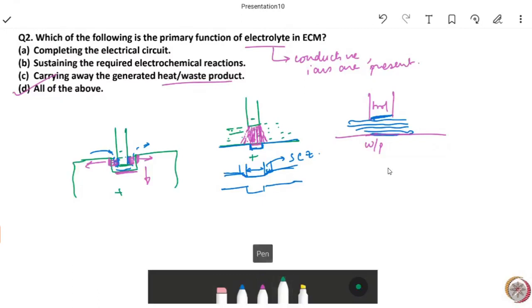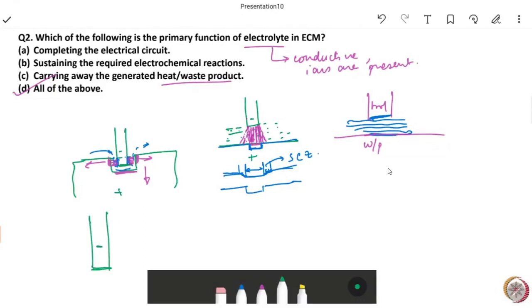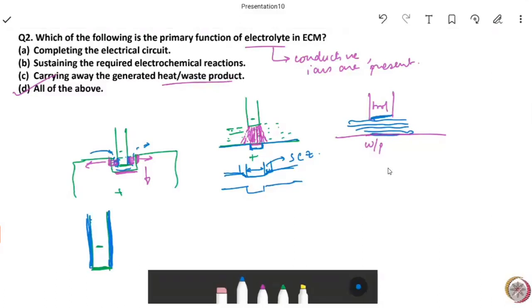So to prevent this, we generally, suppose this is the cathode we have, we keep this surface open, and we put an insulating jacket around it, and we also circulate some coolant through it if it's required at all. If it's not required, then we don't do it.